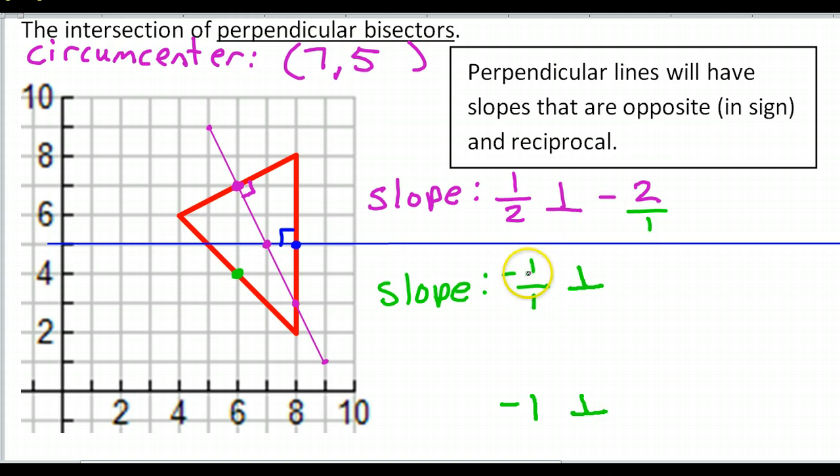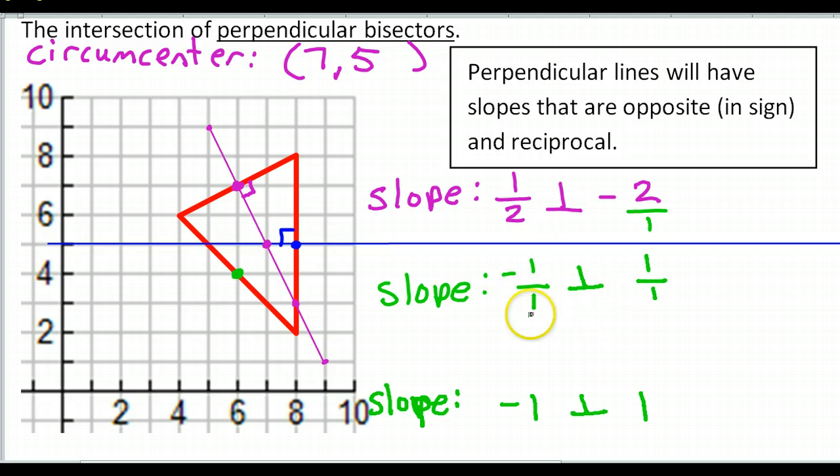Well, the reciprocal of 1 over 1 is still 1 over 1. But since the first one was negative, a perpendicular line will be positive. So it'll be positive 1 over 1. Alright? That's up 1, right 1. Really, the slope is 1.